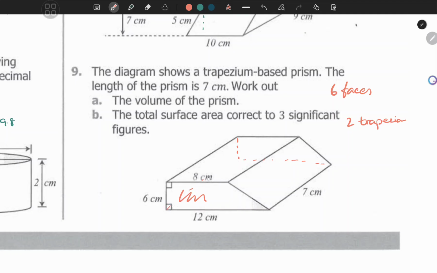And then we have one face which is going here, right? So this is looking at this trapezium.